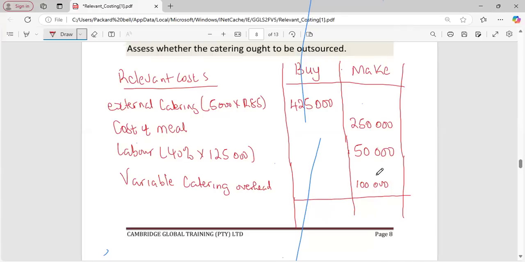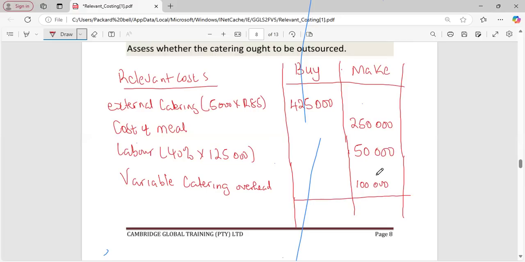I think the reason we're adding the 40% is because we want to know how much it's going to cost us if we accept the offer, the cost of retrenchment, because the other 60% of the labor, whether we accept it or not, the employees are still in the organization.